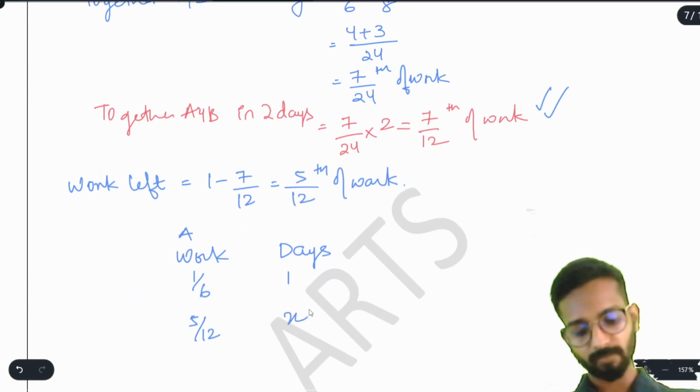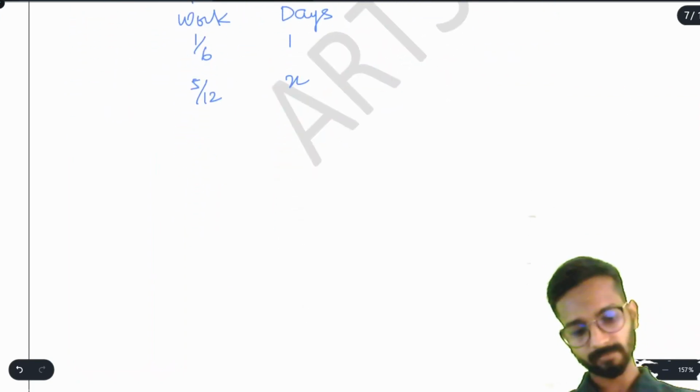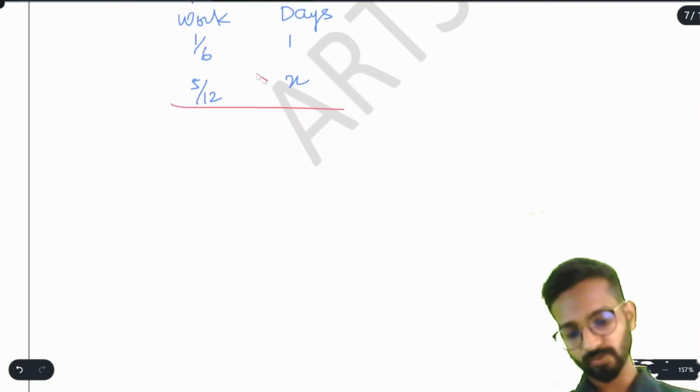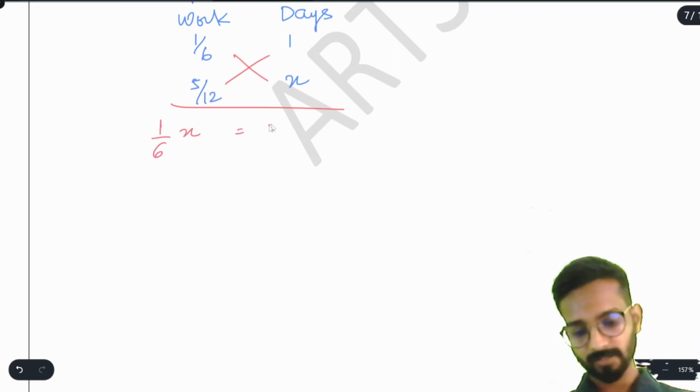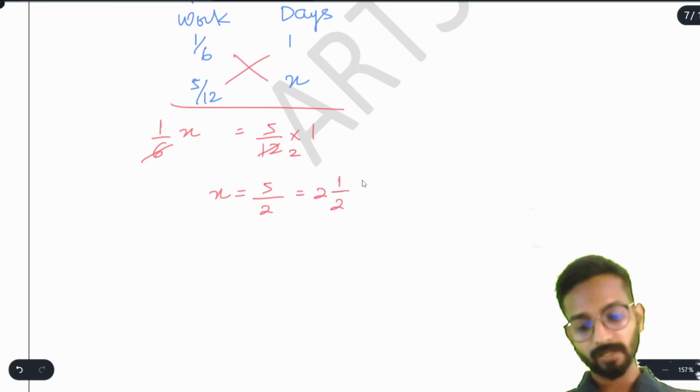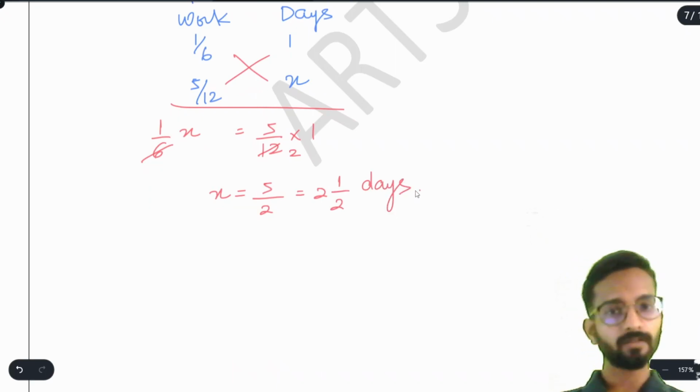So let the number of days be x. Use the cross multiplication. 1 by 6 x is equal to 5 by 12 into 1. You can write x is equal to 6, and this will be cancelled, 5 by 2. That is 2 1 by 2 days will be taken to complete the work.